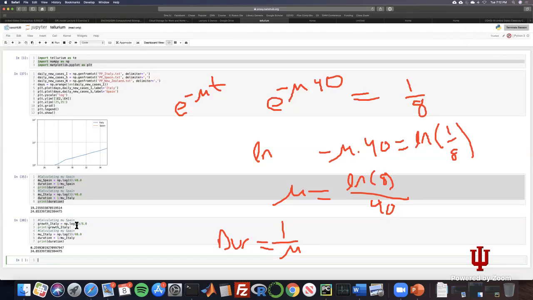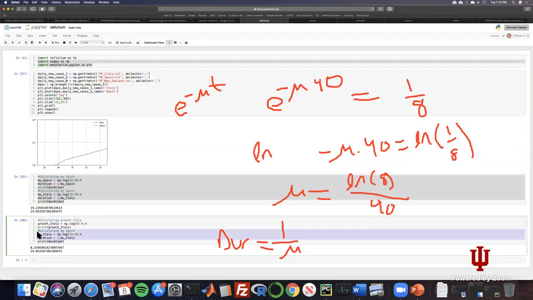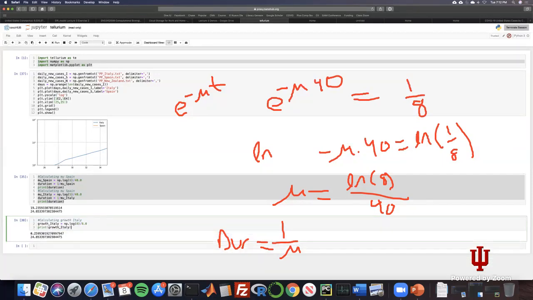And now the equation that you need, and I'll type it in the chat. The equation that you need for the growth is that the growth rate, equivalent to mu, is equal to R naught minus 1 times mu.